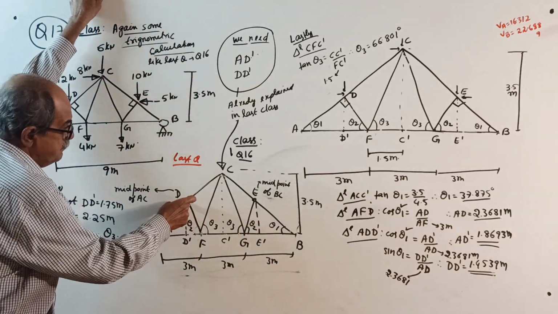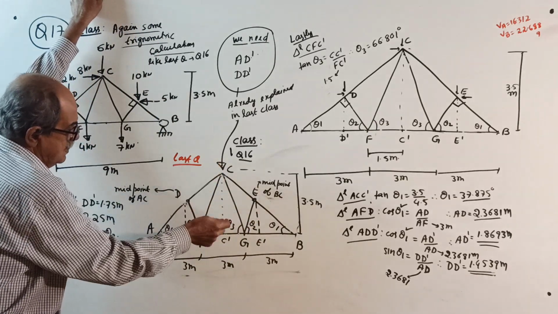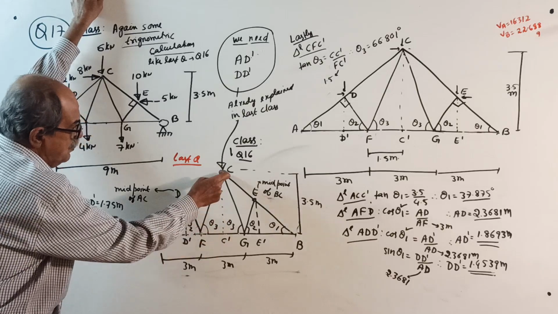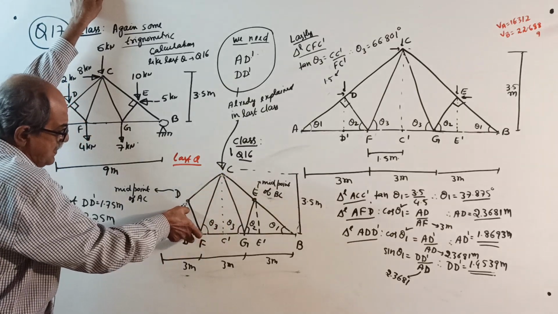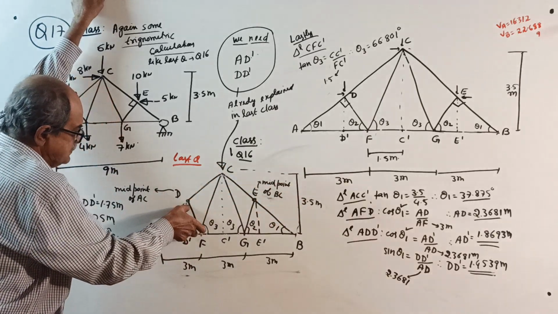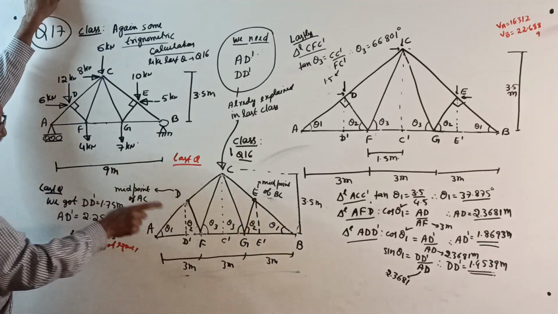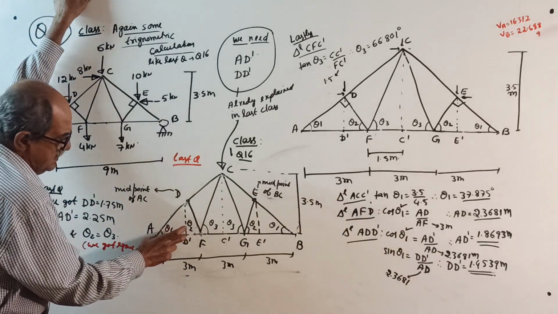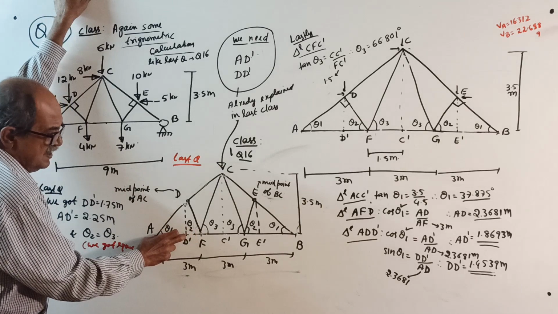See, this is the midpoint of this member. So if this is 3.5, at the midpoint the height is undoubtedly half of this height, 1.75. Then this distance is not required.